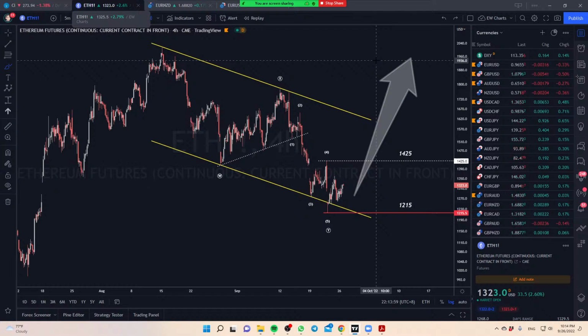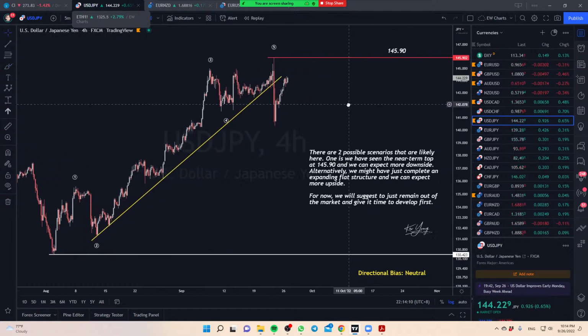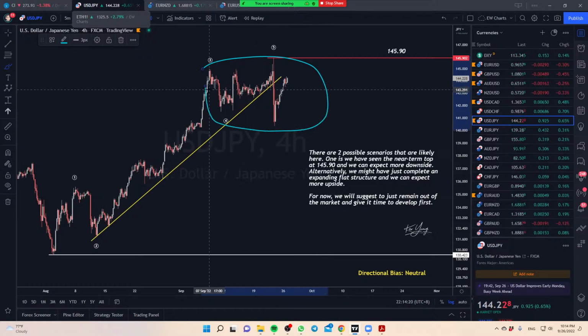All right, I see a question here. Matar asked, could you explain again why you would move away from the dollar yen this week? The reason for me not focusing on the dollar yen this week, based on what I'm seeing now, is because there are so many possibilities this pattern can develop into based on an Elliott Wave understanding.